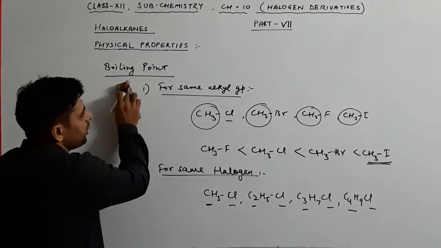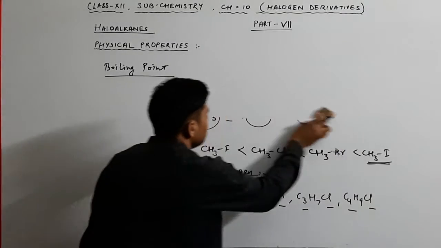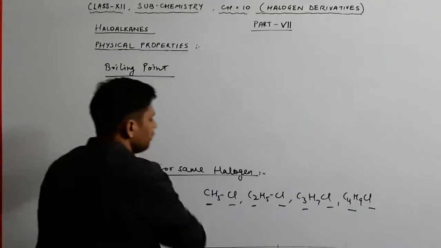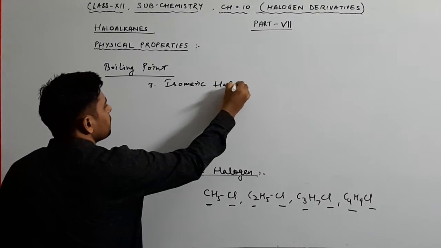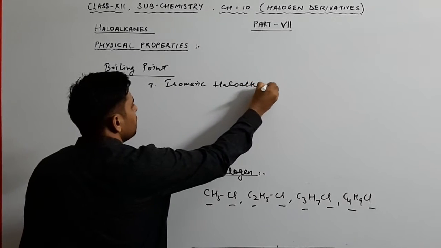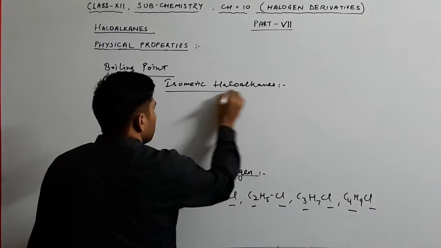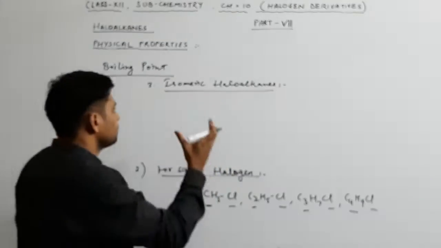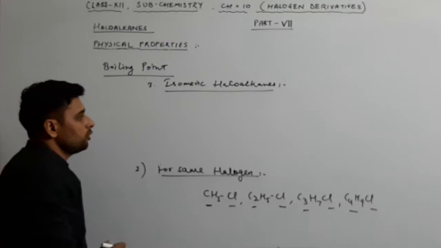And the third point is, if isomeric haloalkanes are present. Third one is in isomeric haloalkanes. Isomeric means if branching occurs in the halogen compounds. Isomer का मतलब क्या है? यहाँ अगर किसी हेलोजन कंपाउंड में ब्रांचेस आ जाएं तब बॉइलिंग पॉइंट में क्या इफेक्ट होगा?